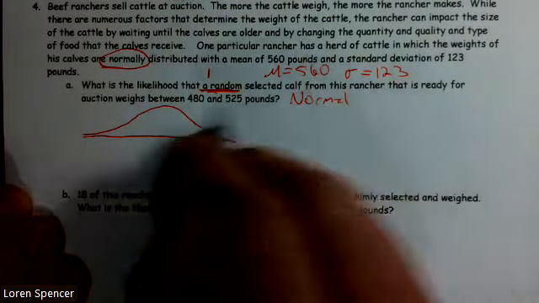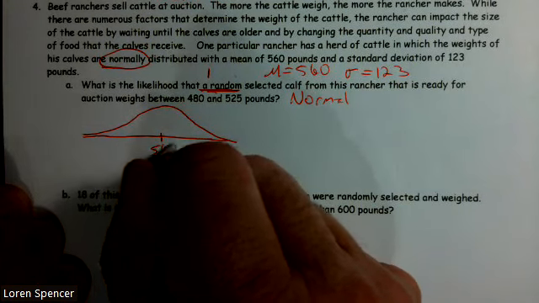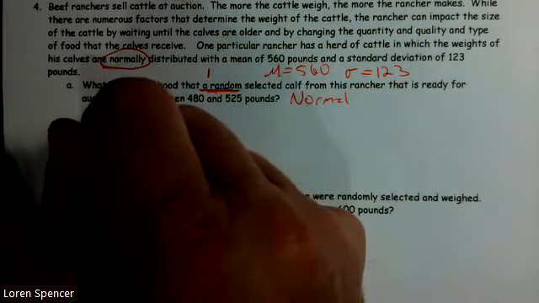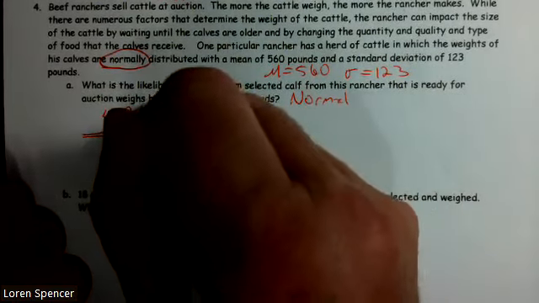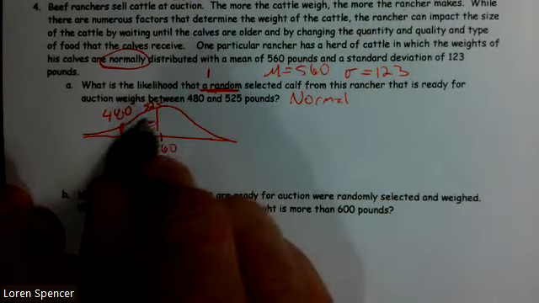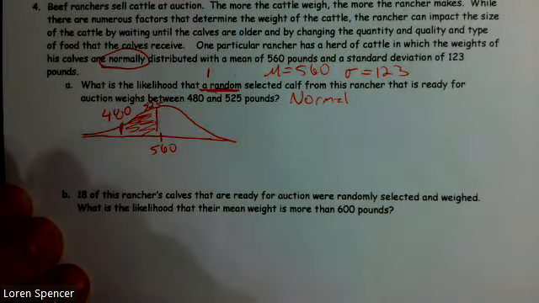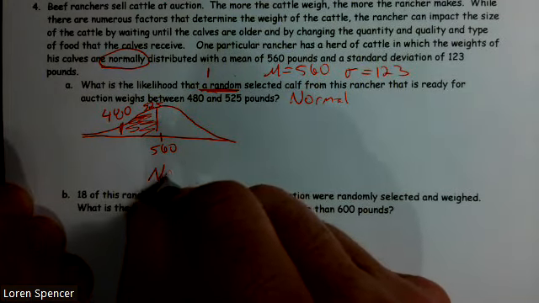And we have a mean of 560. And this is 480 down here. And 525 is also below the mean. It didn't give me much room to write it up there, but there it is. And that's what I'm looking for. So this is a normal CDF.